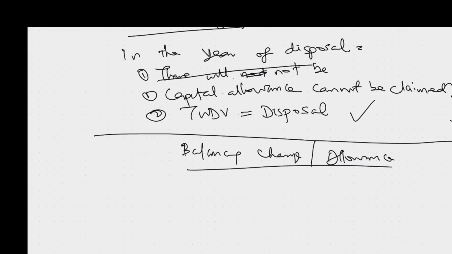So that means in the year of disposal for office furniture, we are supposed to have 825,000 as our tax residual value, because in the year of disposal, just like I've explained to you, your tax residual value will be equal to your disposal value.